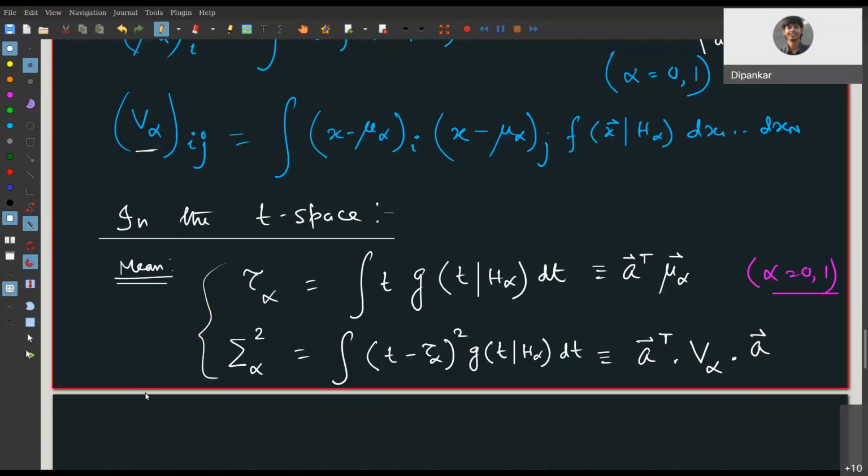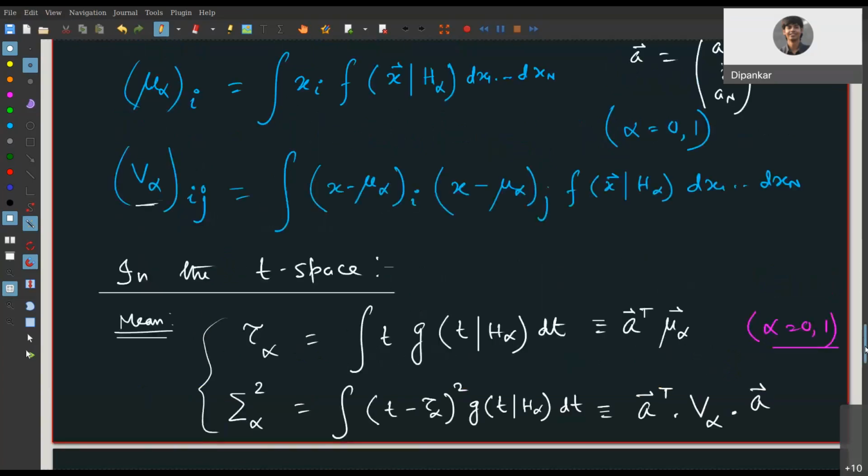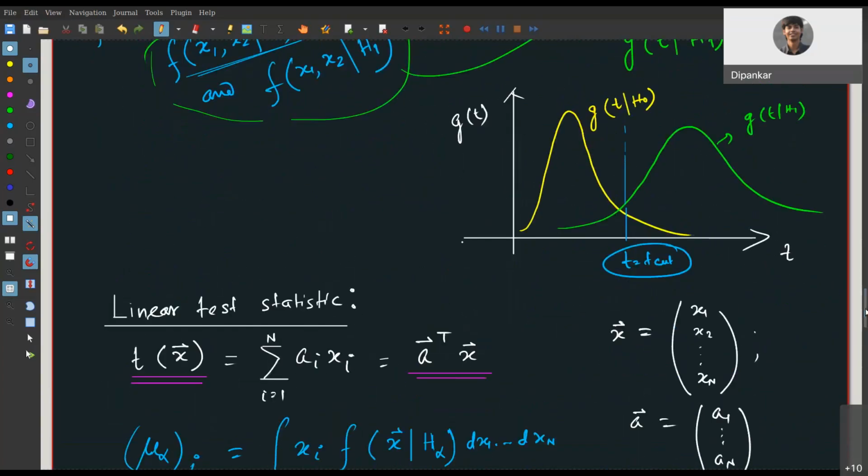Now, what does this mean in terms of the figure? Remember, the mean of a distribution is located very near to this peak. Suppose I denote this by tau 0.